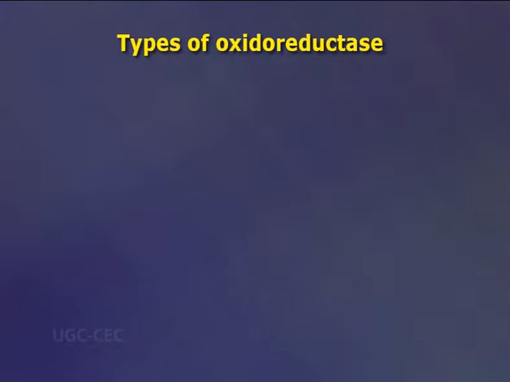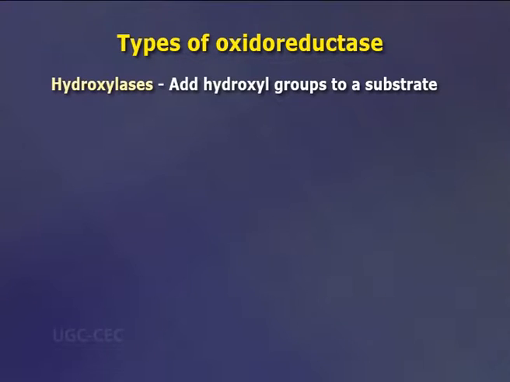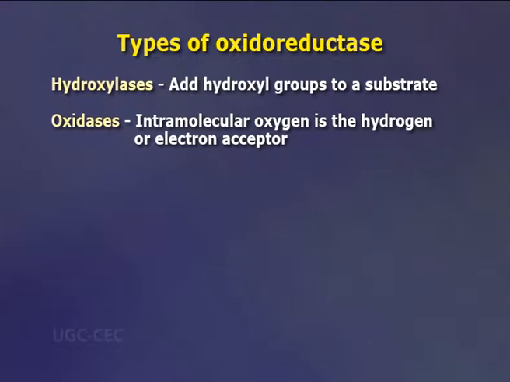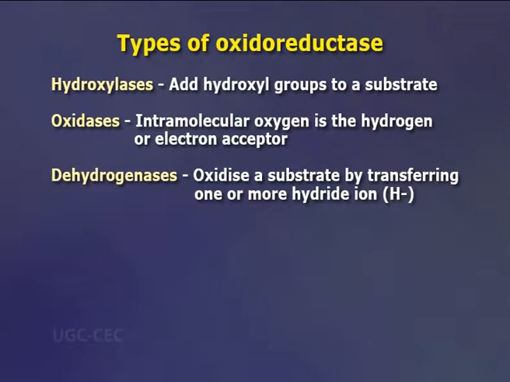Types of oxidoreductase. Hydroxylases add hydroxyl groups to a substrate. Oxidases: molecular oxygen is the hydrogen or electron acceptor. Dehydrogenases oxidize a substrate by transferring one or more hydride ions, that is H-.